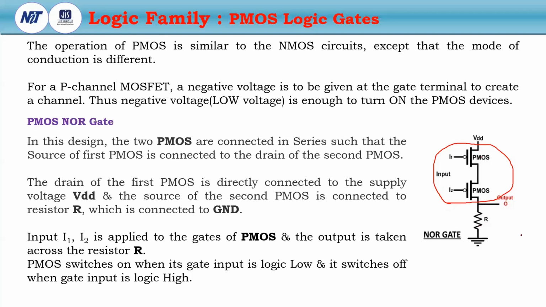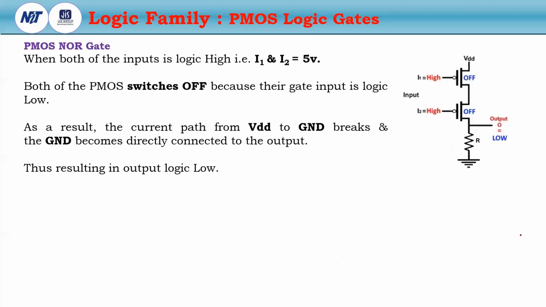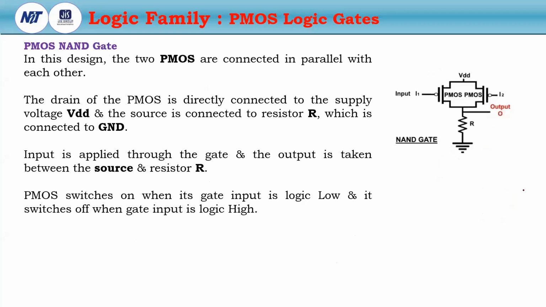The logic operation, or any logic gate preparation, you should remember as for the NMOS: if we design any OR operation, then the PMOS is connected in series. For any OR operation, the PMOS is connected in series. Or for any AND operation, the PMOS is connected in parallel. Just reverse of the NMOS.